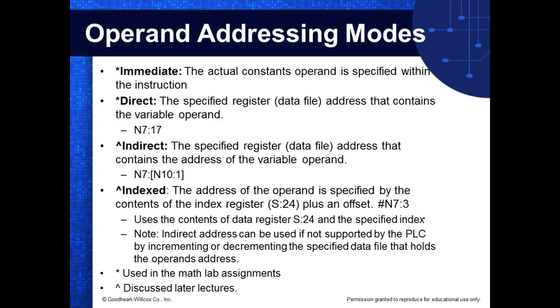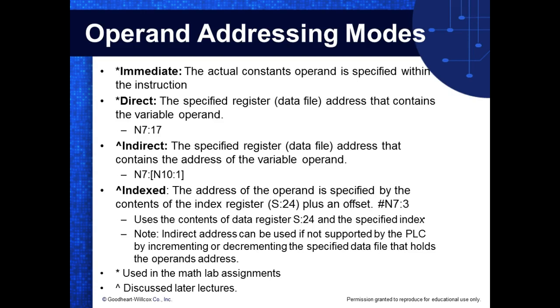And then we got another addressing mode when we get into our really advanced instructions called indexed addressing, when we get into what we call our stack and setting up tables and stuff like that. This is an address of the operand specified by the contents of the register called a what? Index register. And what we're going to do is add an offset.